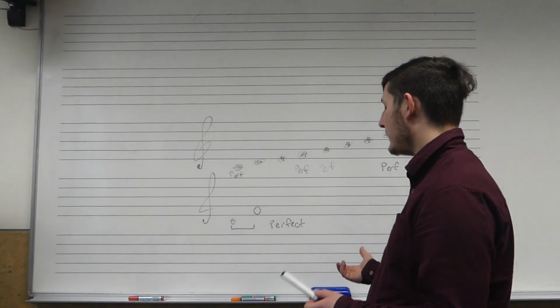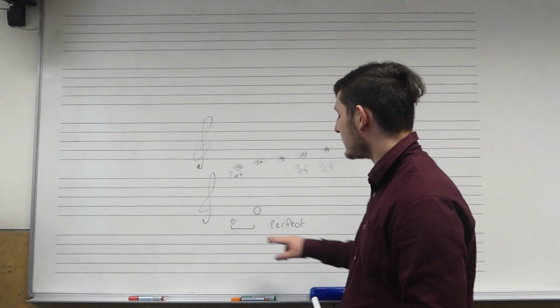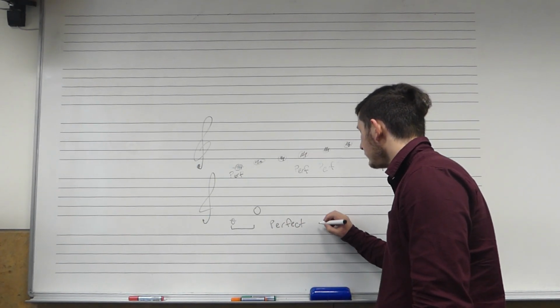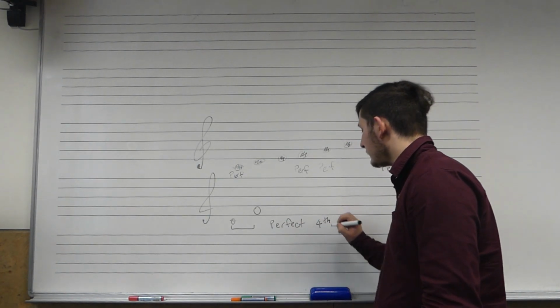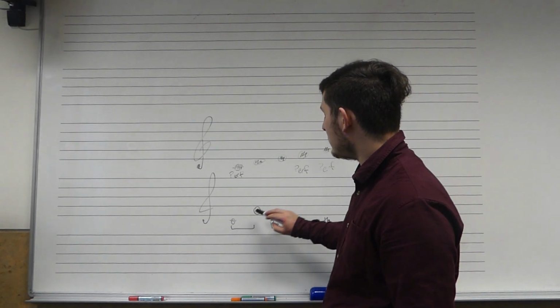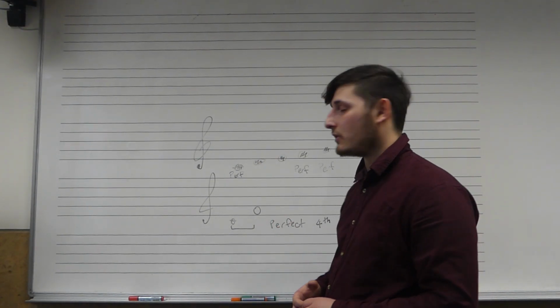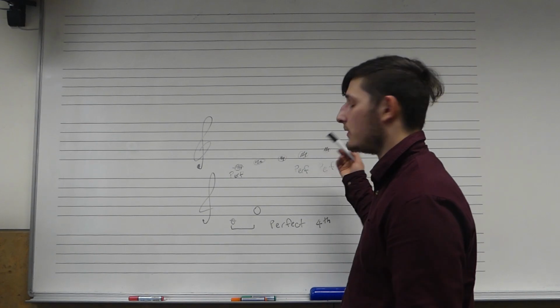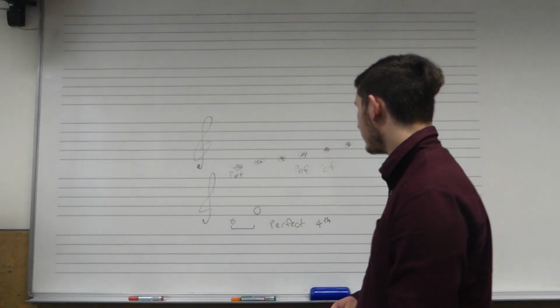But instead of it being a unison, in this case, it's an interval of a fourth. This is because from C to F is 4 notes. We have 1, 2, 3, 4 to get to F.